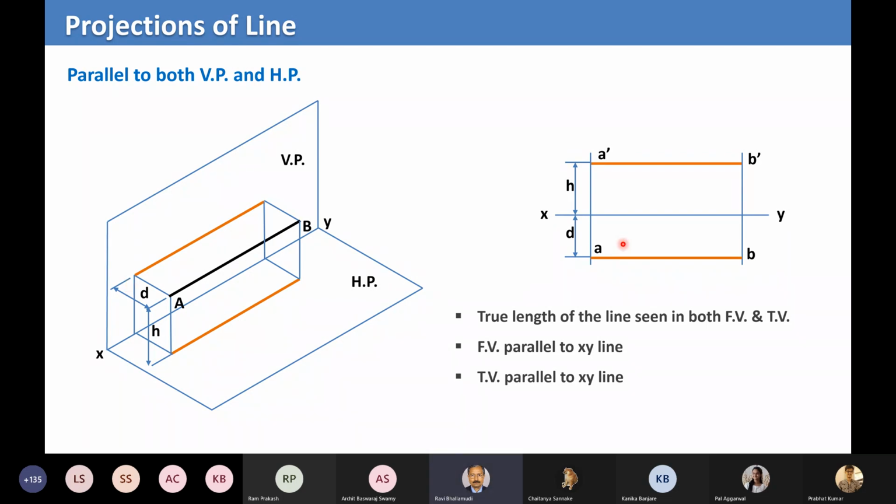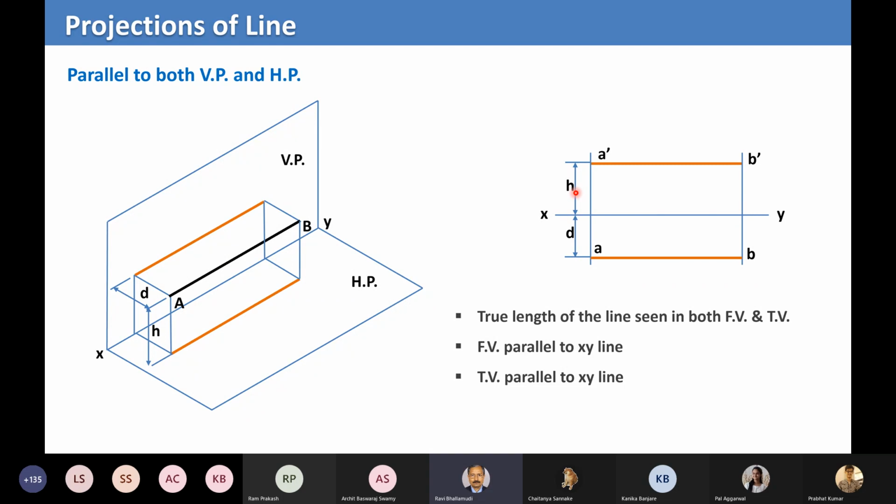Similarly, the same line AB is represented by the line A dash B dash in the front view, and the projected view A dash B dash is at a distance of h from the horizontal plane, represented by line XY again here. So same XY. No confusion, anyone, please.